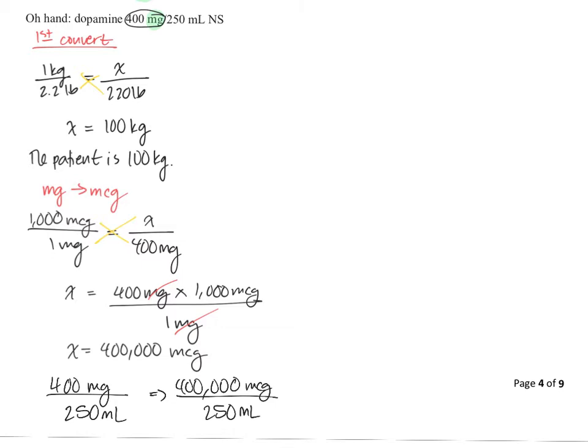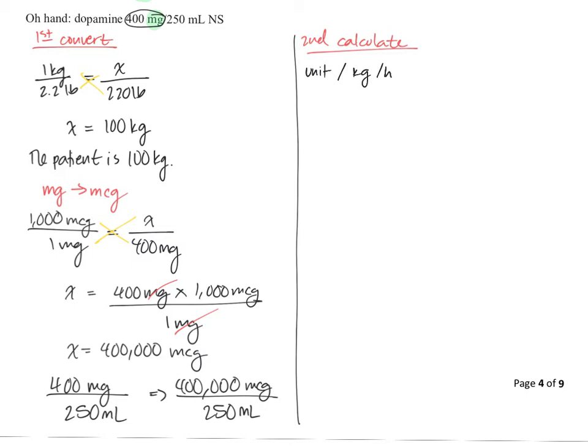Lastly, now we're going to calculate. We've done all the conversions, so let's do the calculations. We need to figure out the desired dose of dopamine. To do that, we'll use the formula from the third step, which is unit per kilogram per minute times the weight in kilograms equals our dose.